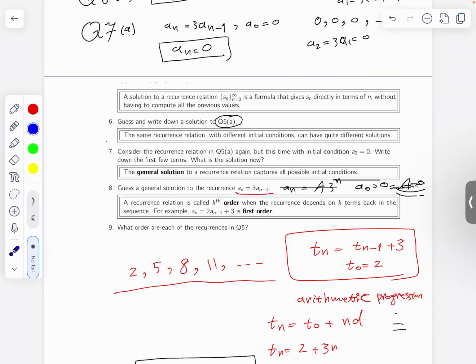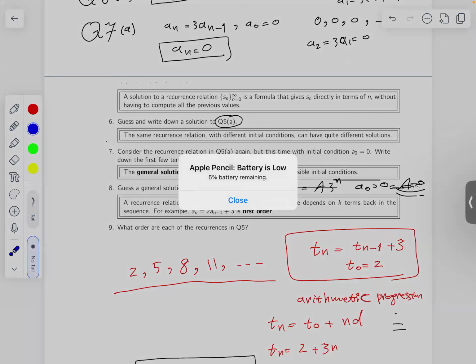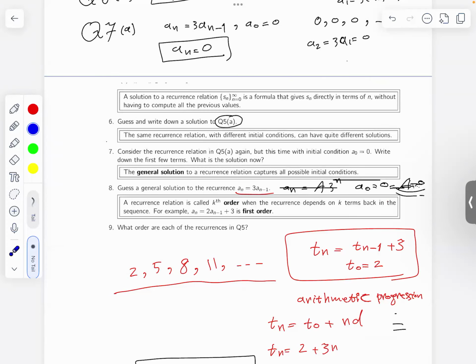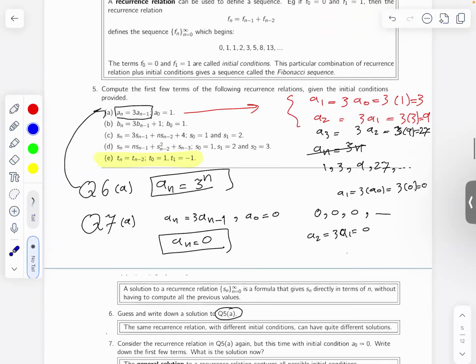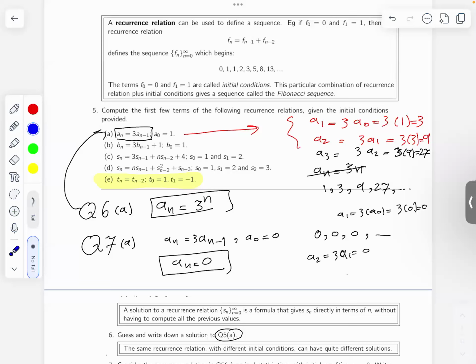Question 8 says that the general solution is the one that captures all the initial conditions. It says to solve the recurrence relation without initial condition. If you have an initial condition, you can solve it and get the particular solution.